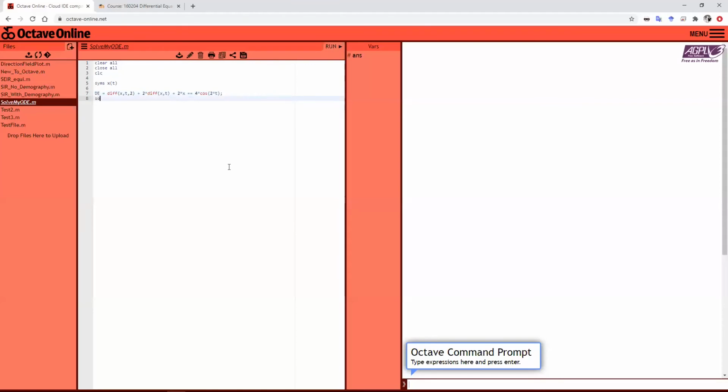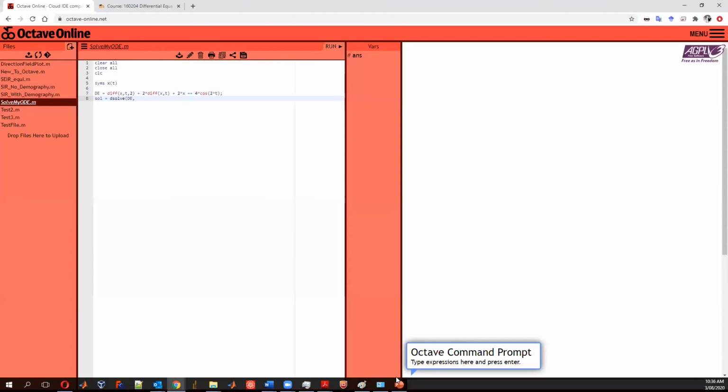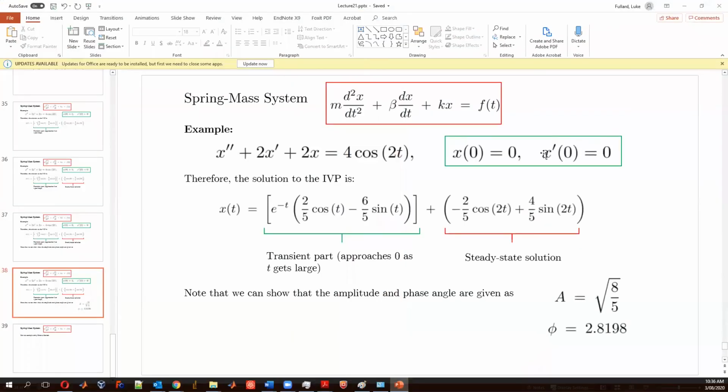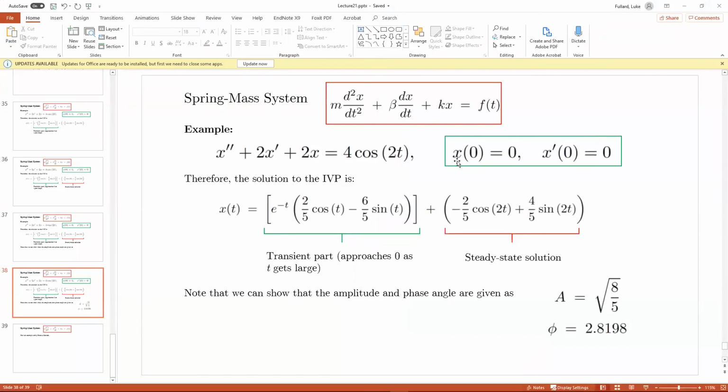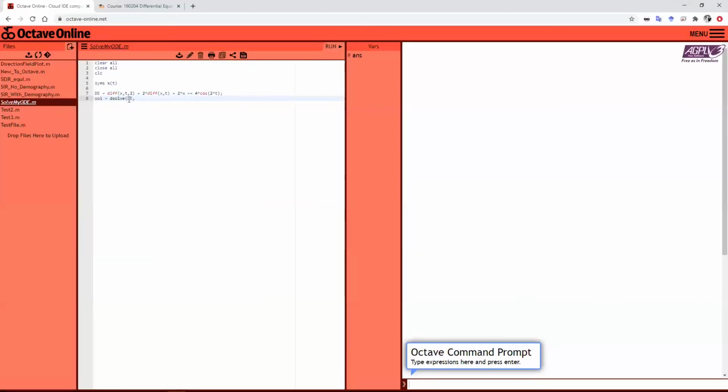The solution to this differential equation we can solve using this dsolve command. So dsolve, I'm solving the differential equation with some initial conditions. My initial conditions were when t equals 0, x is 0, and when t equals 0, the velocity, or the x prime, is 0 as well. So I'm solving my differential equation with the initial conditions.